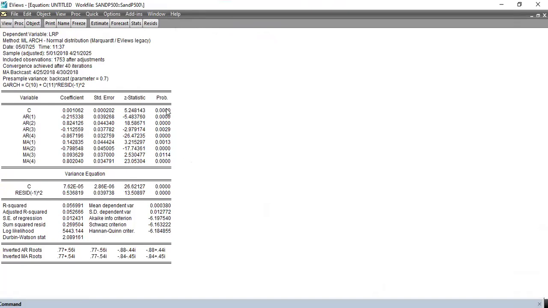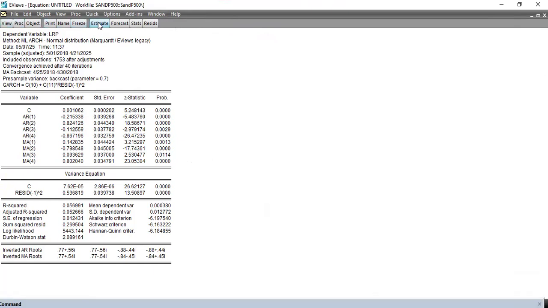Okay, let's see the ARCH effect. Yes, the coefficients are all significant and the ARCH effect is also significant. That is, the volatility, the variance of today, will depend upon the squared residuals of yesterday. But this is one ARCH effect.